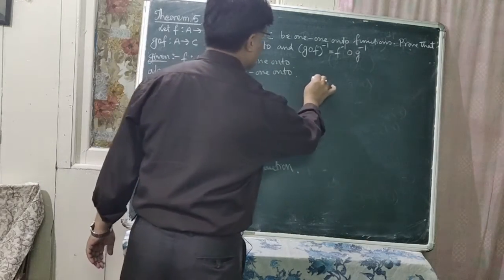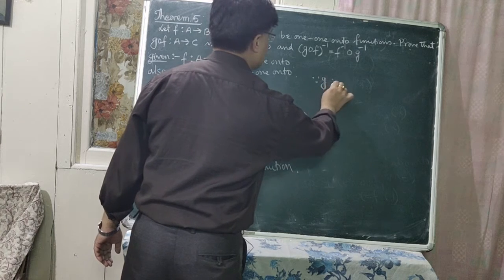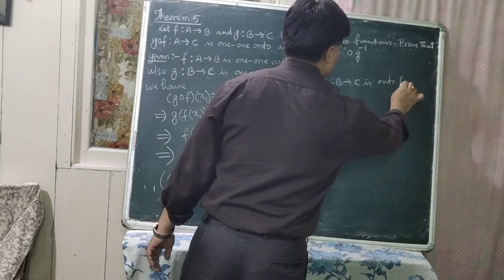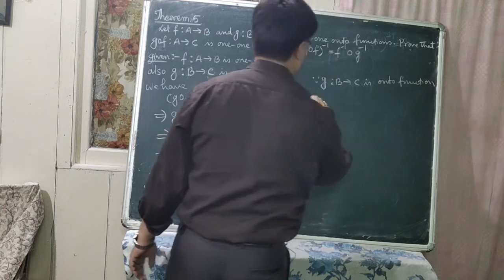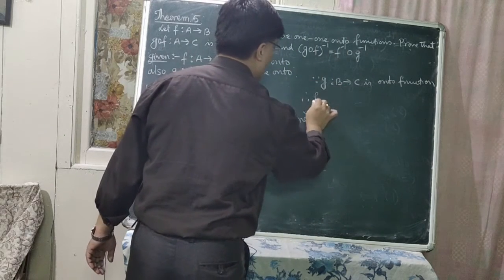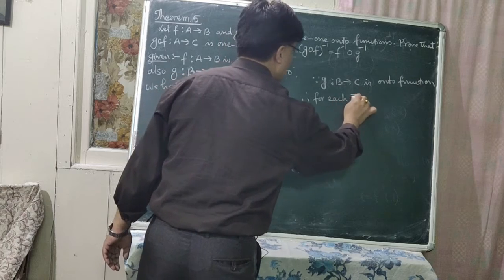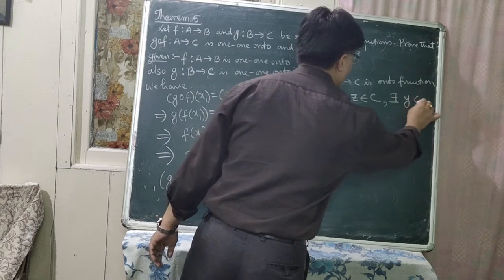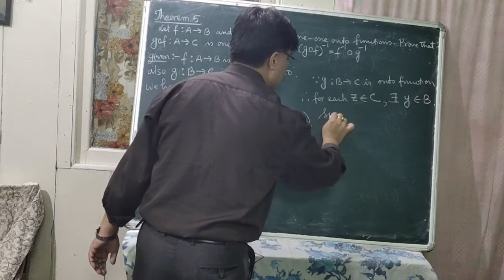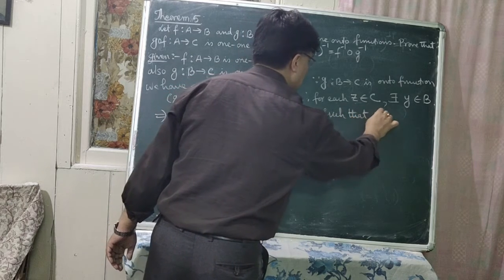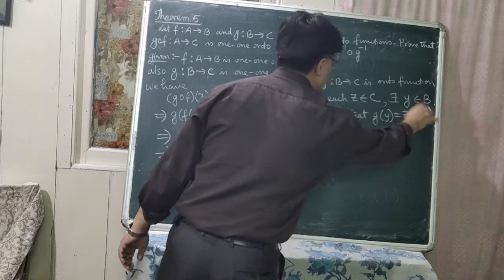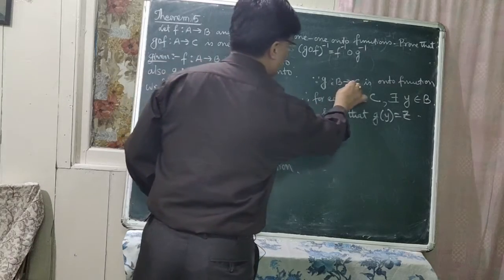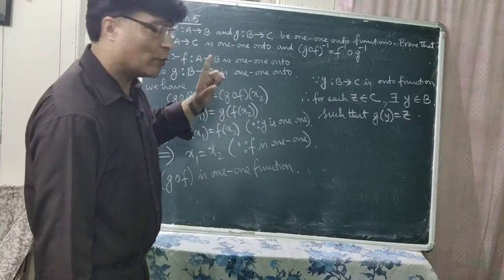So now here, since g such that B to C is onto function, therefore what can you write?